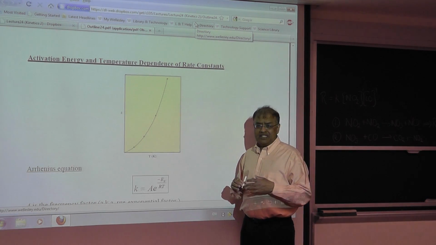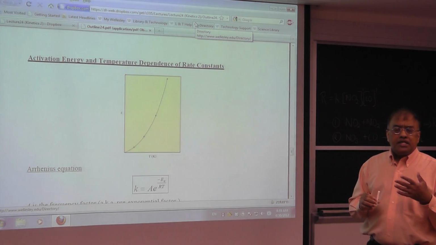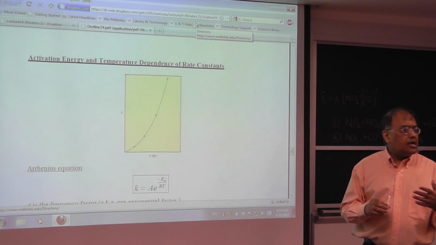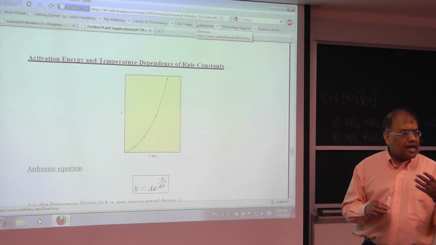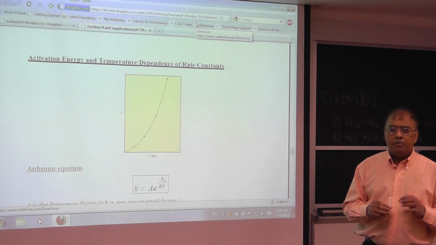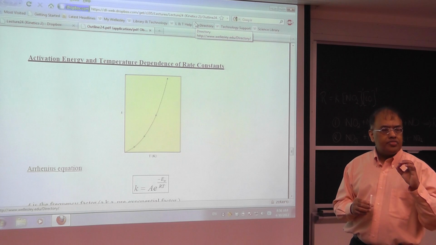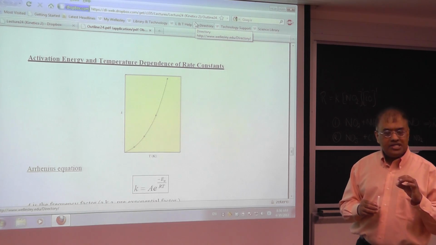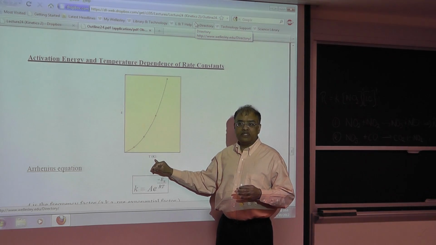Another way to say this, and this is more crude, is to say that typically reactions double in rate for every 10 Kelvin increase in temperature. But the bottom line is that for most reactions, the rate increases because the rate constant increases with temperature.